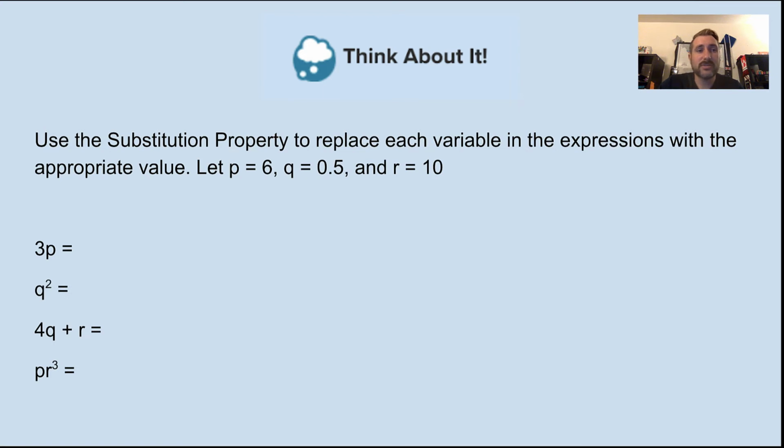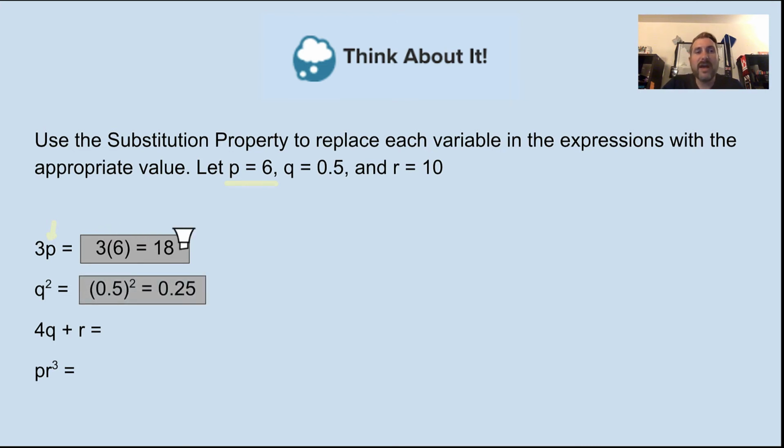Check your answers. If we plug in 6 for P, so instead of P we plug in 6, then it would be 3 times P, or 3 times 6, which is 18. If we use Q, which was 0.5, 0.5 to the second power is 0.25. If we plug in Q and R for their respective places, we end up with 12.